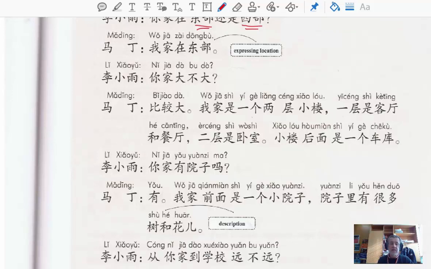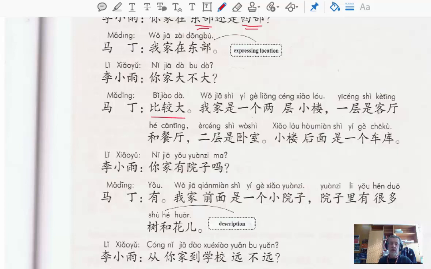Martin says 比较大. 我家是一个2层小楼，一层是客厅和餐厅，2层是卧室，小楼后面是一个车库。So he says that it's reasonably big. So this is the house, it's reasonably big.